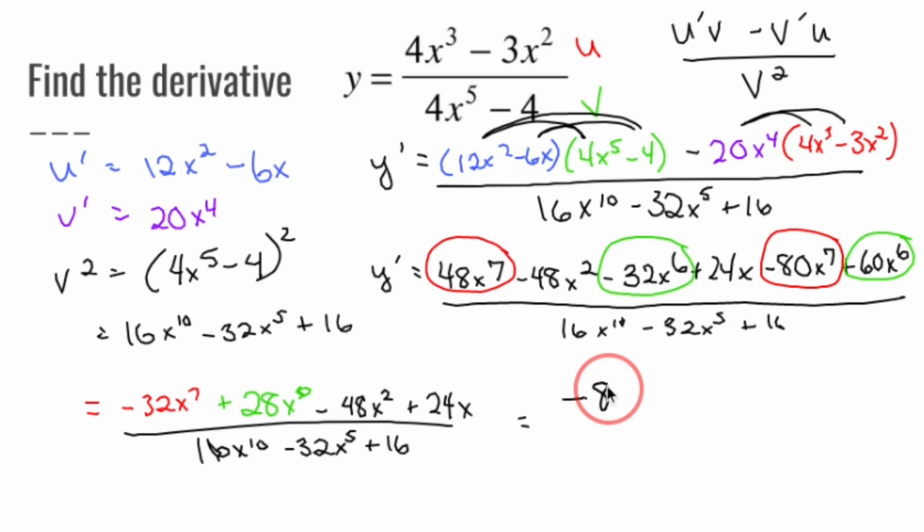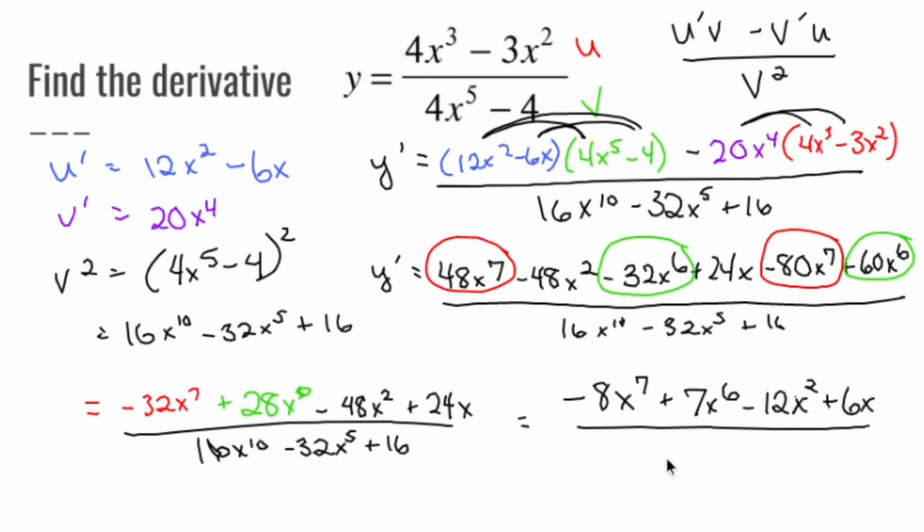So negative 8x to the 7th plus 7x to the ugly looking 6 that was minus 12x squared plus 6x all over 4x to the 10th minus 8x to the 5th plus 4.